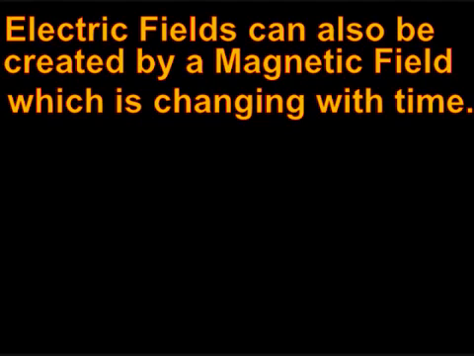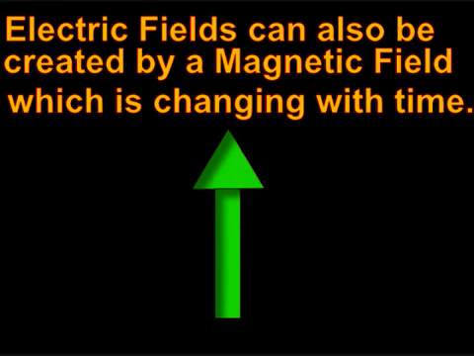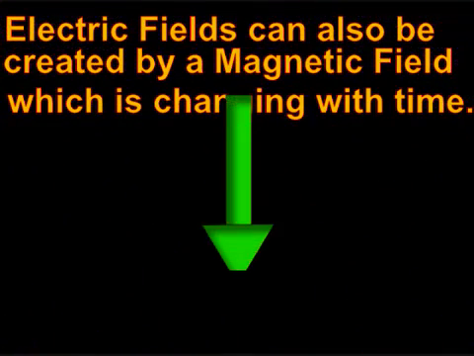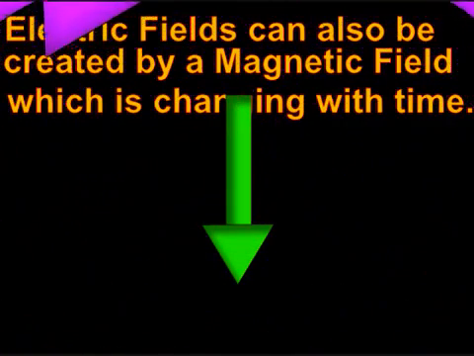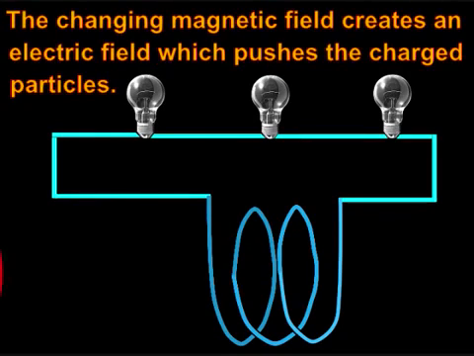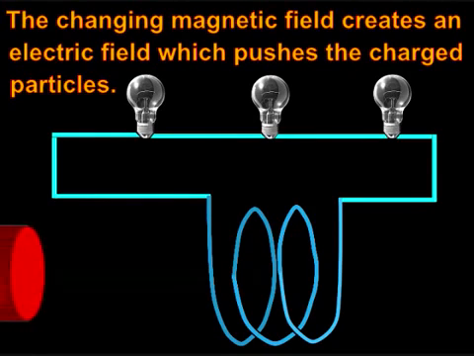Electric fields can also be created by a magnetic field which is changing with time. A moving magnet creates a changing magnetic field. The changing magnetic field creates an electric field which pushes the charged particles.